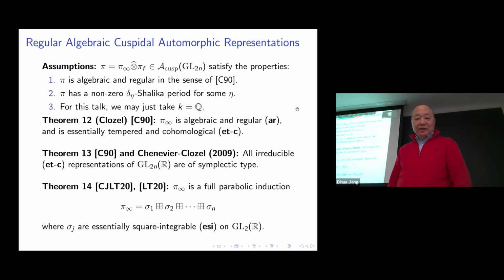And then in our paper, we show that this representation will be parabolically induced from the GL2 discrete series. GLn has no discrete series, but GL2 has discrete series. So the representation will be induced from the GL2 Archimedean part. That's a nice structure.